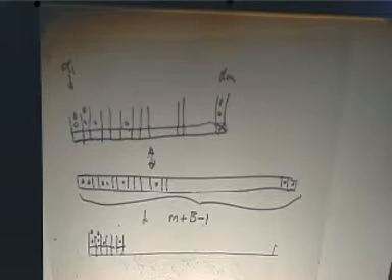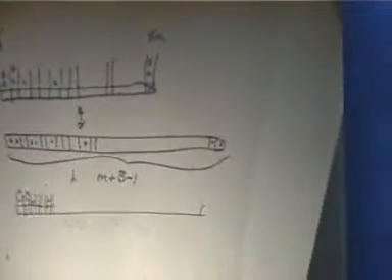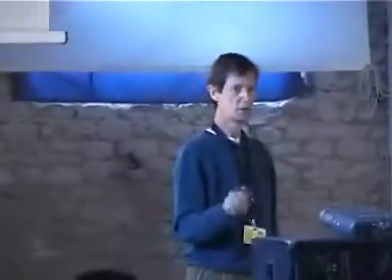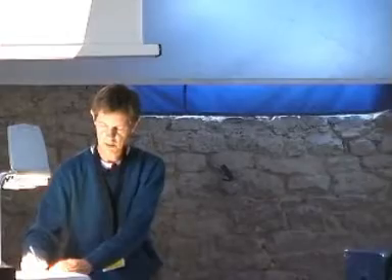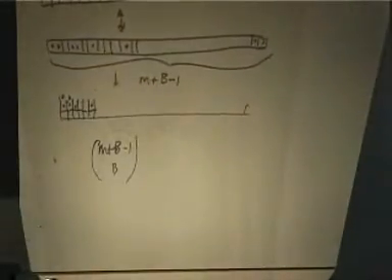You can see, I think, quite readily. Now, the reason for doing that is it's now very easy to count the number of ways of putting b balls into m plus b minus 1 slots: it's just the standard combinatorial m plus b minus 1 choose b. So that's the result.